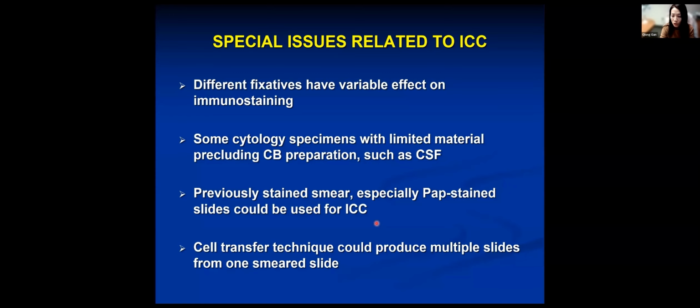So luckily, we have two very powerful tools that can help us for ICC. First, we can use previously stained smears, especially Papanicolaou stained slides, for ICC. And secondly, we can use a cell transfer technique, which can produce multiple slides from one smeared slide to do a bunch of ICC.